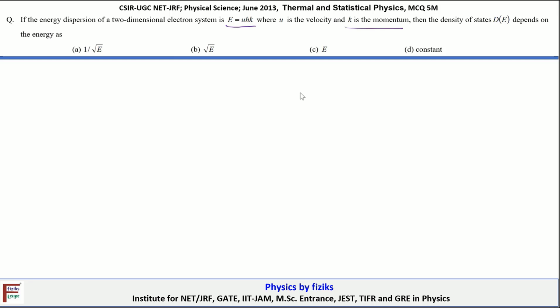So we are given the dispersion relationship, which is E equal to u h cut k. Let's call this equation 1. Here u is the velocity and k is the momentum vector. From here we can write the wave vector k as k equal to E upon u h cut.